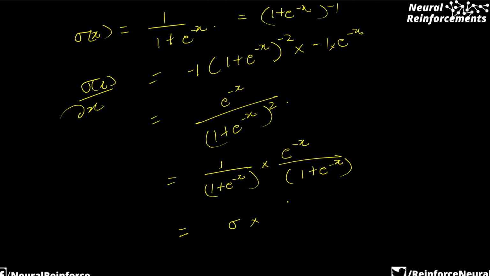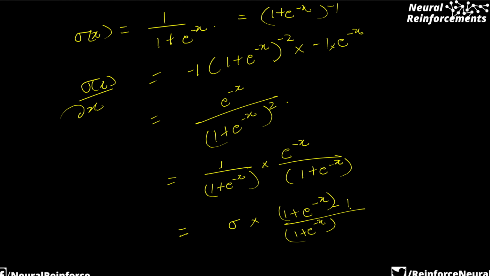Into the second term, if you see, just try to add 1 and subtract 1, this could be written as 1 plus e to the power minus x, and since we have added 1, we subtract 1, upon 1 plus e to the power minus x.